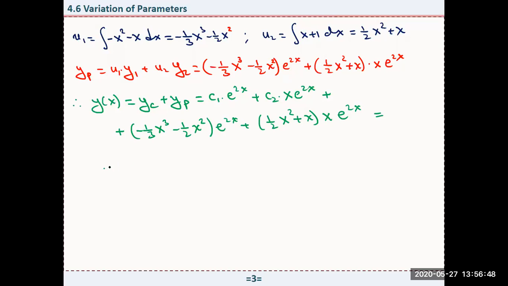And now we can simplify this part, right? e to the power 2x, e to the power 2x, right?